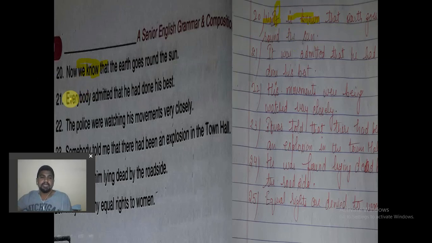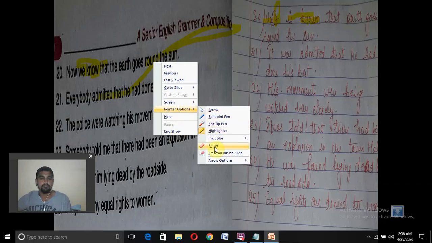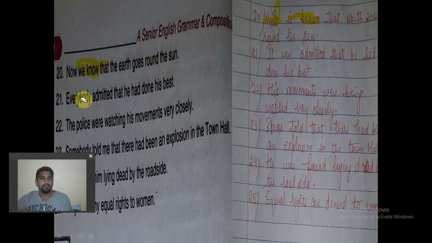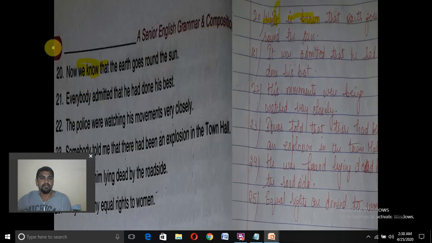Everybody admitted that he had done his best. So everybody admitted that; "admitted" is the second form, past indefinite. Let me get the highlighter. Everybody admitted that he had done his best. We know that in the past indefinite we use was, were plus verb third form.